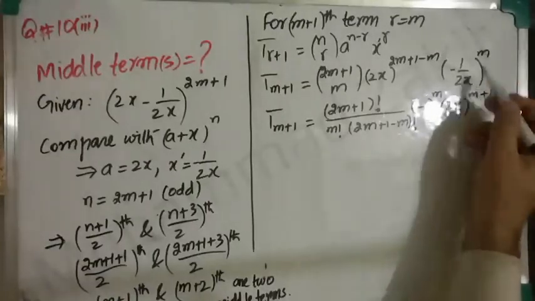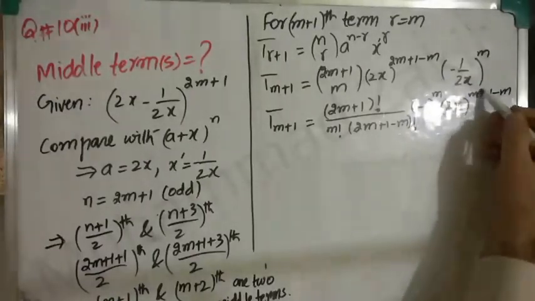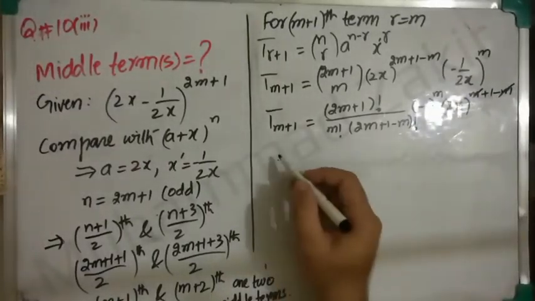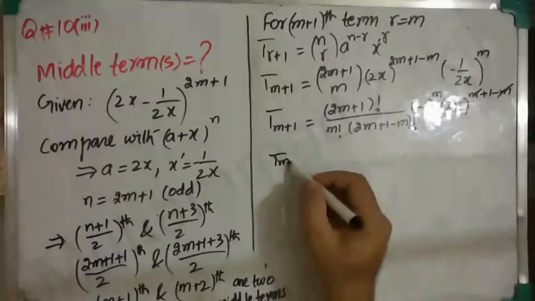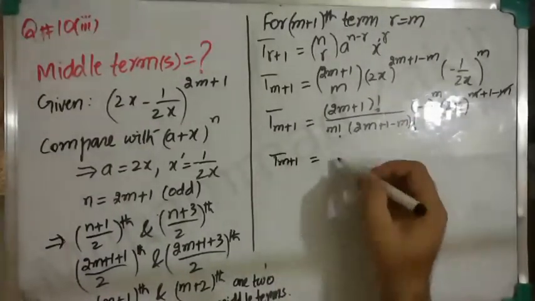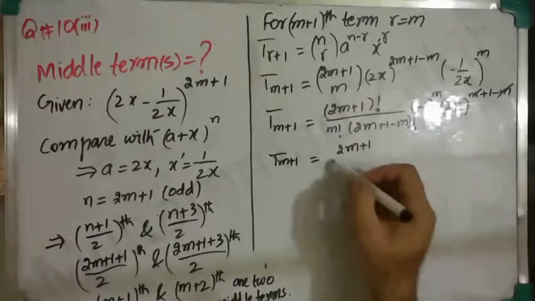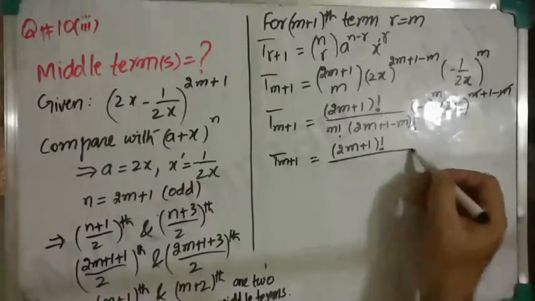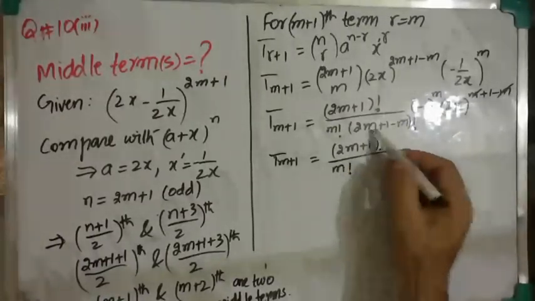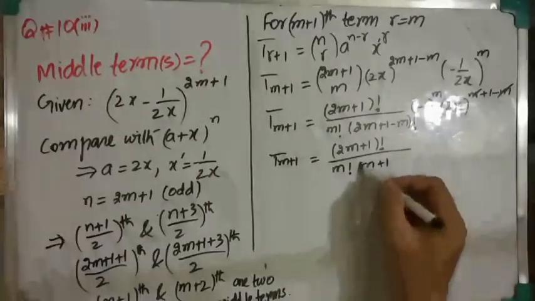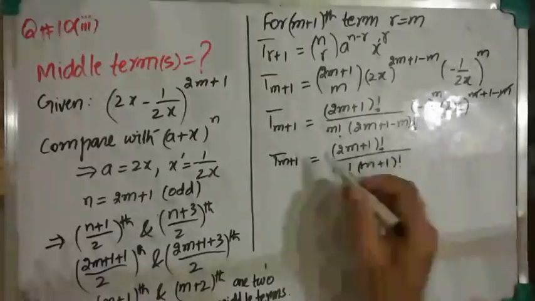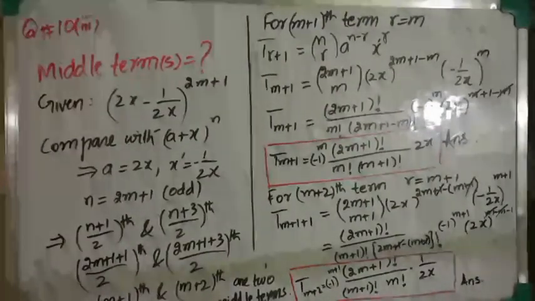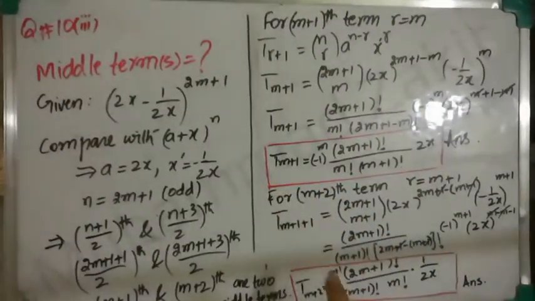This from the denominator rises to the numerator and will be subtracted. These two get cancelled. This will be the answer: T(m+1) is equal to (2m+1) factorial over m factorial, (m+1) factorial. This minus 1 power m can be written in the beginning. A little simplification can take us to this final form answer.